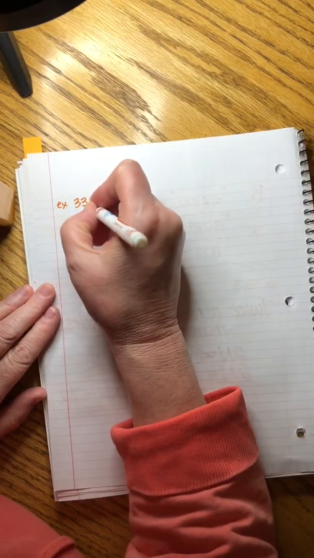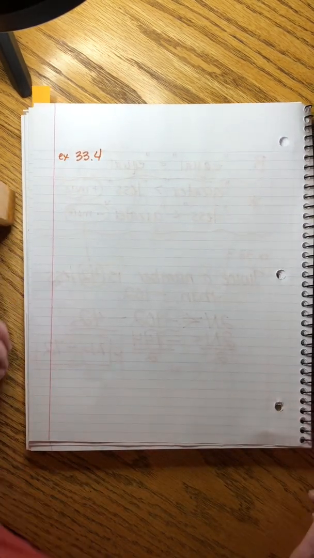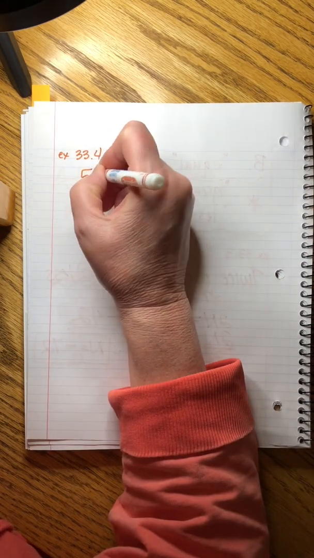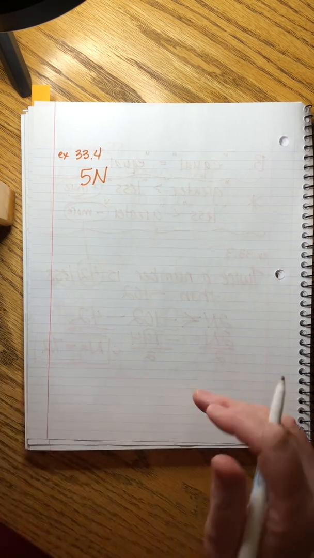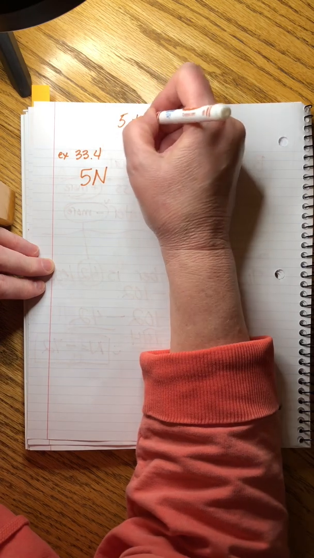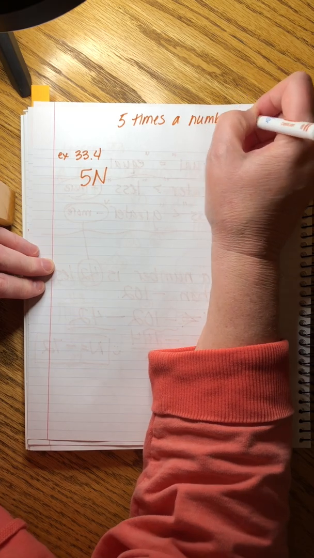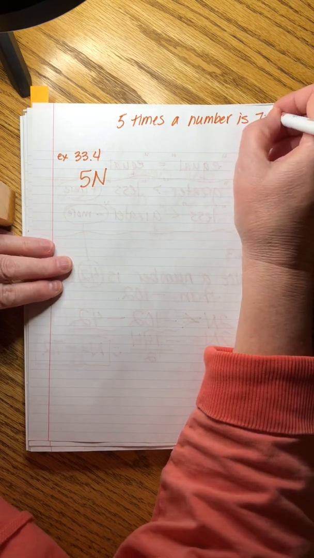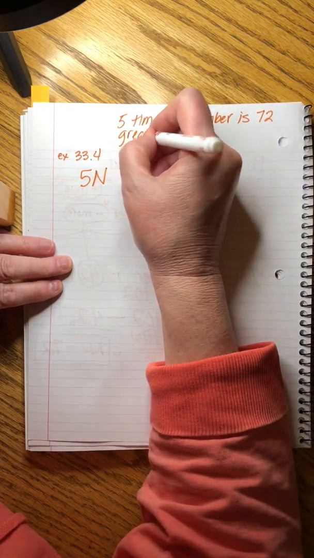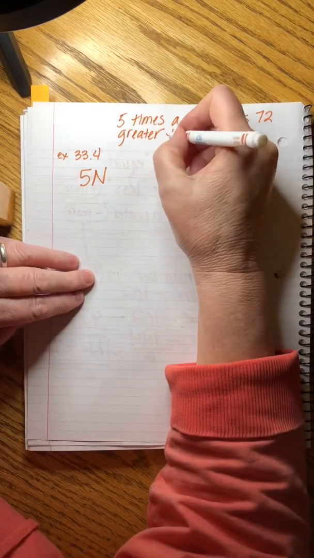Example 33.4. 5 times a number is something, I want to write it down so you can see it. 5 times a number is 72 greater than the opposite of the number.